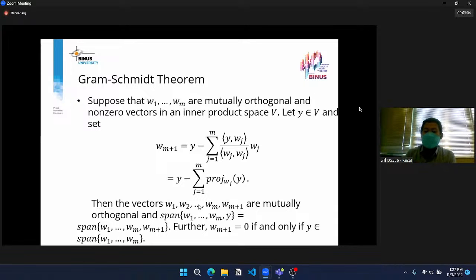But in an inner product space, we always have a special basis called an orthogonal basis. In the Gram-Schmidt theorem, this theorem tells how we construct an orthogonal basis from any basis.